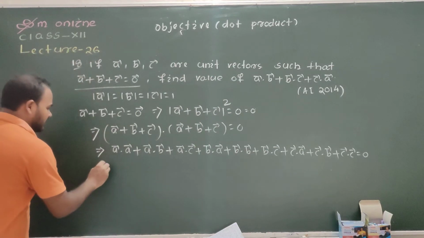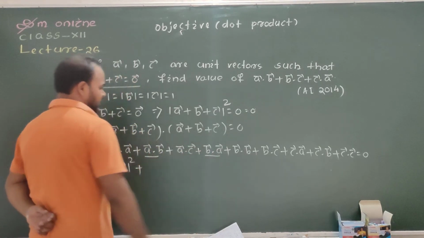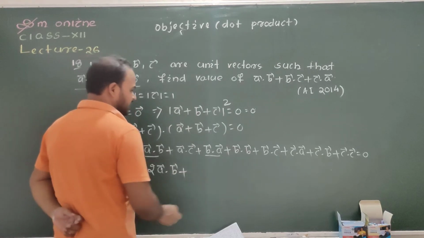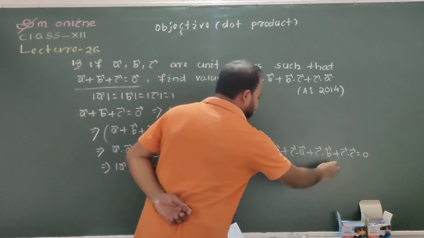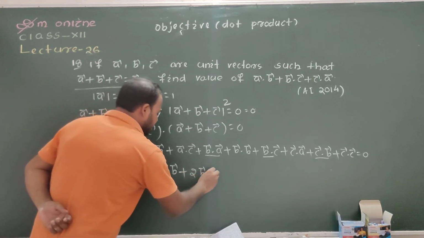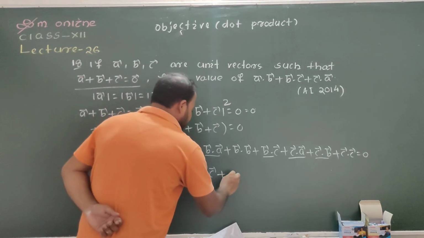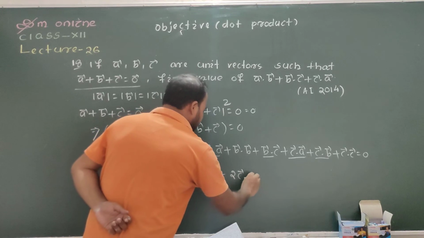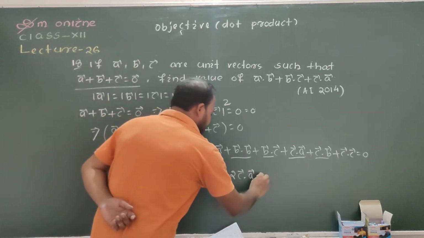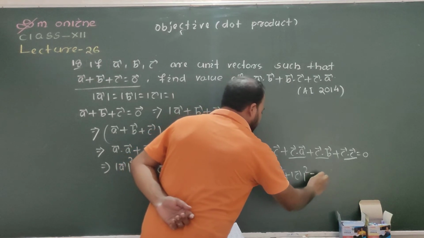This implies magnitude of A square, plus A dot B and B dot A. We write B dot A as A dot B, so that is twice of vector A dot vector B, plus twice of vector B dot vector C, plus twice of vector C dot vector A. And the last terms are vector B dot vector B, magnitude of vector B square, and C dot C, magnitude of vector C square, equal to 0.